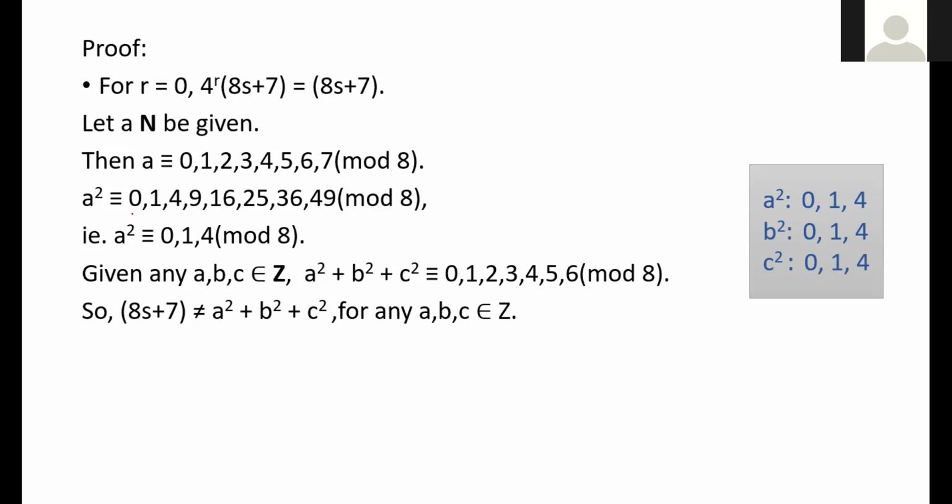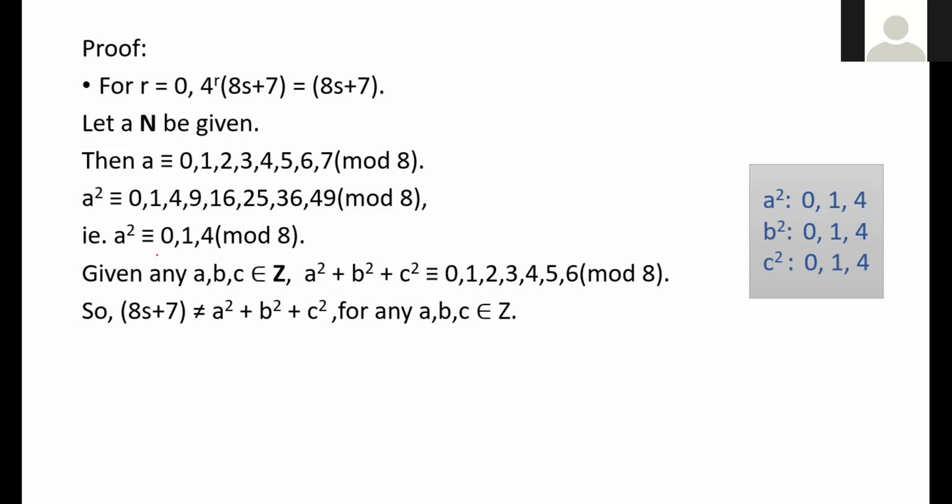So a squared is congruent to the square of the remainders modulo 8, which means a squared is congruent to 0, 1 or 4 modulo 8. We had done this result earlier in class. This a was arbitrary.